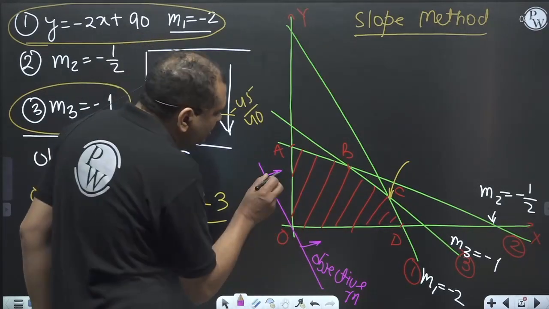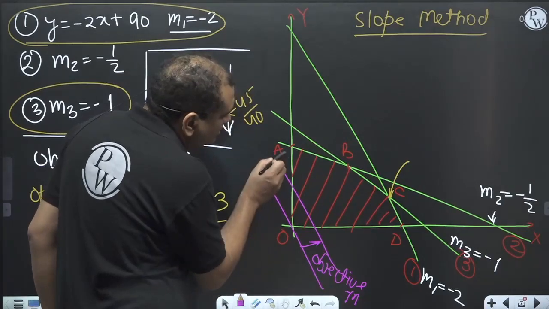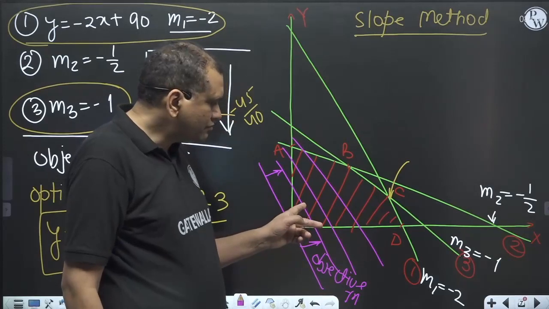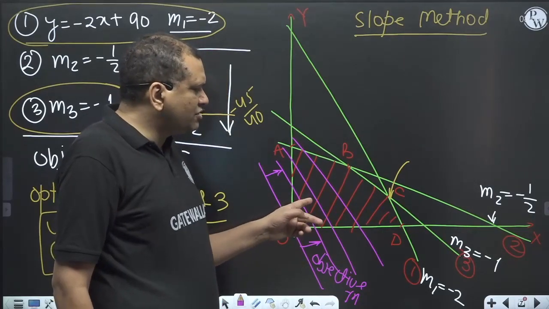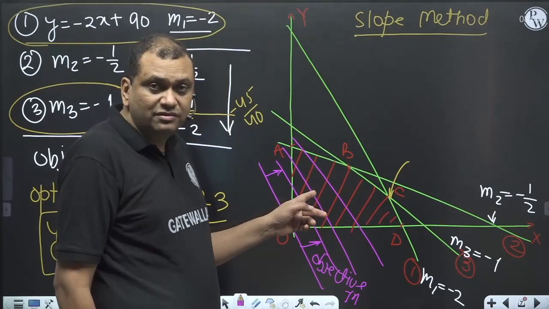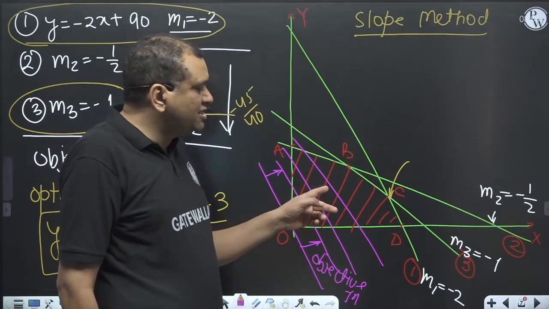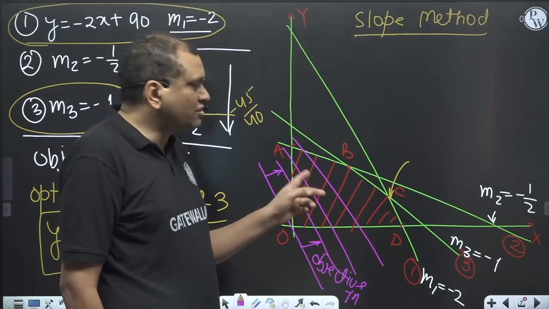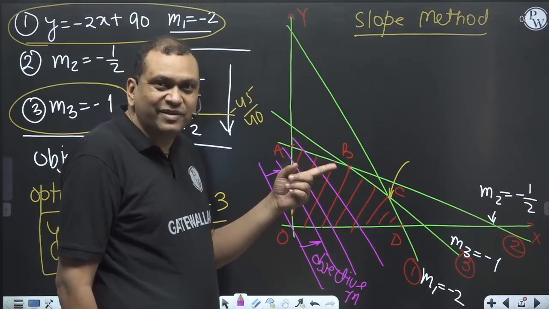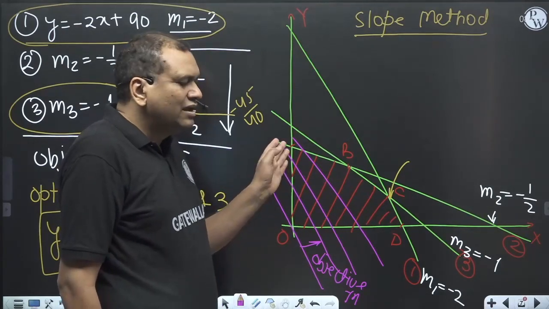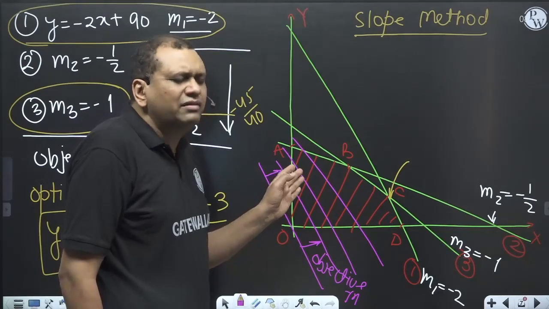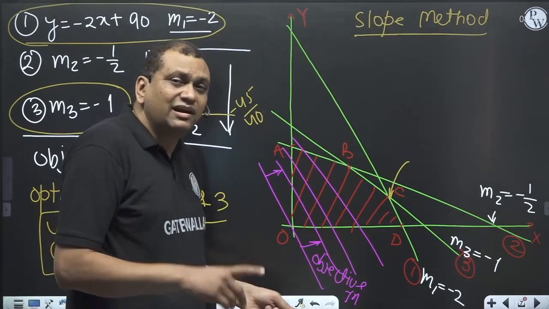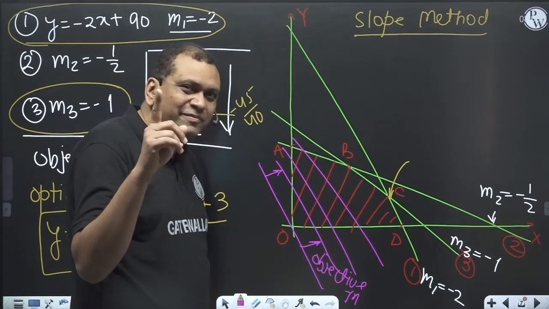So you keep on shifting it. All these solutions are feasible solutions, but not optimum, because the lines coming in the feasible region are feasible solutions, but not optimum.